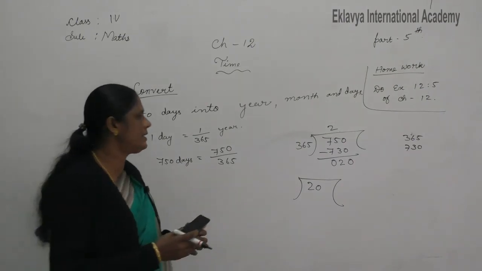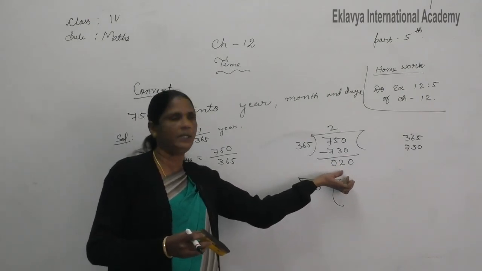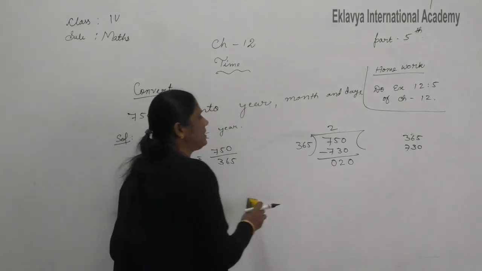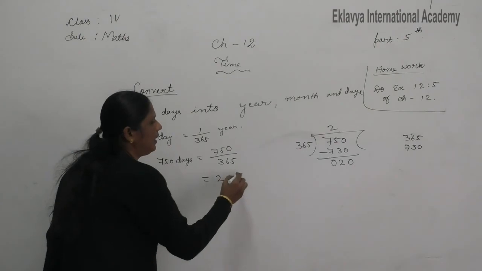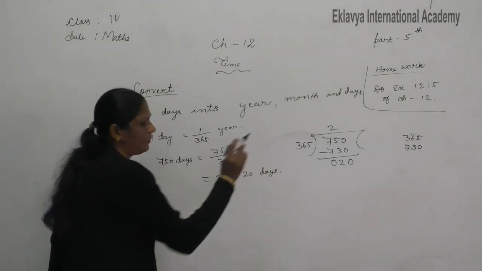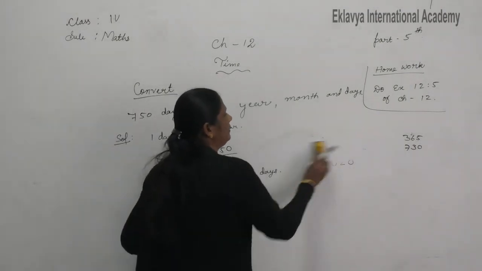Here our remainder is below 30. Therefore, this is in days. Our answer is 2 years and 20 days. There is no month here. Okay.